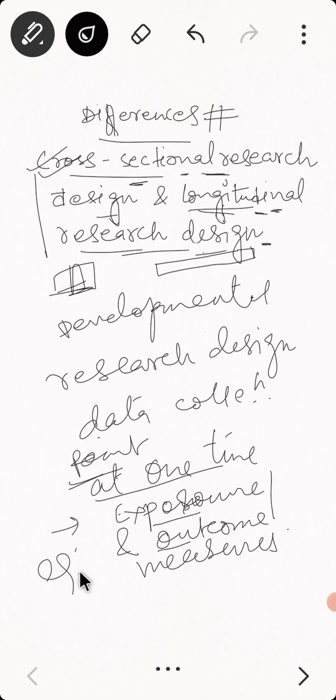As for example, suppose a researcher wants to assess the perception of a nursing student regarding the nursing profession from the beginning of the program to the end. Then this example is a longitudinal study.